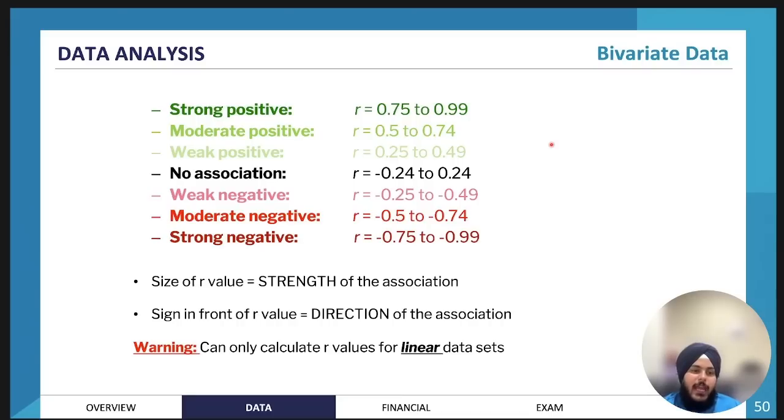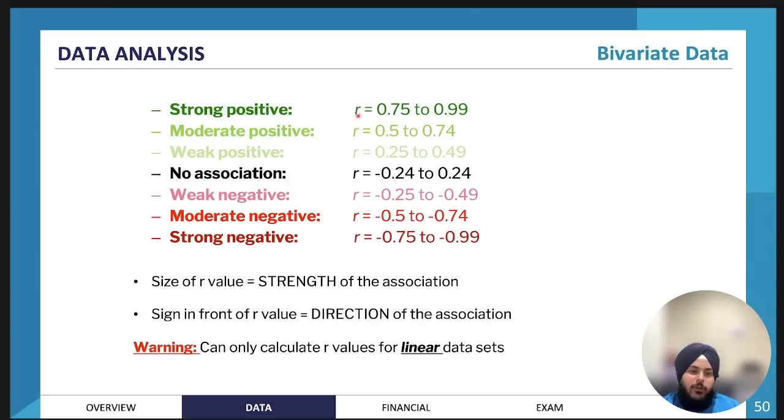Okay, so here is a guideline of how you may describe the association. You might say that there is a strong, moderate, or weak association. And in terms of the direction, you might say that there is a positive or a negative, or no association in some cases. If the R value is between positive 0.75 and 0.99, it's a strong positive relationship.